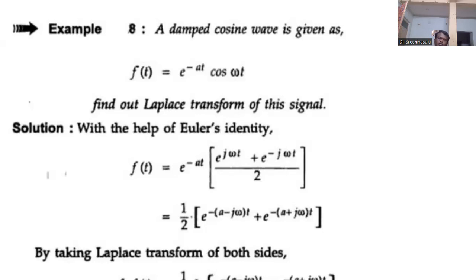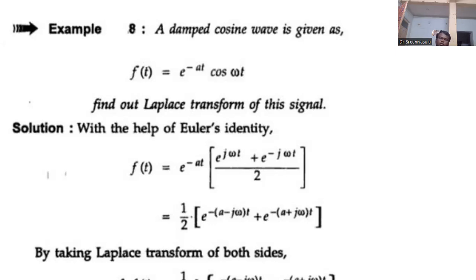So again, what is the direct rule here? You need to express this cos term in terms of complex exponentials. What is the cos? Cos omega t is e power j omega t plus e power minus j omega t, divided by 2.